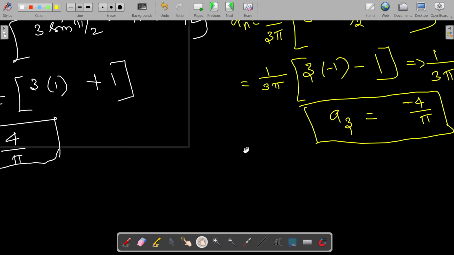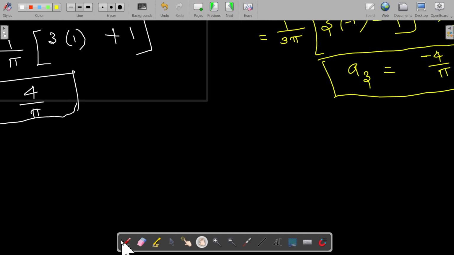The same way, if you repeat it for n equal to 5, so an becomes a5, that is equal to 1 by 5 pi.